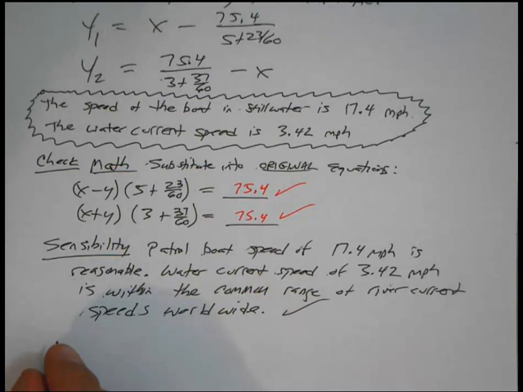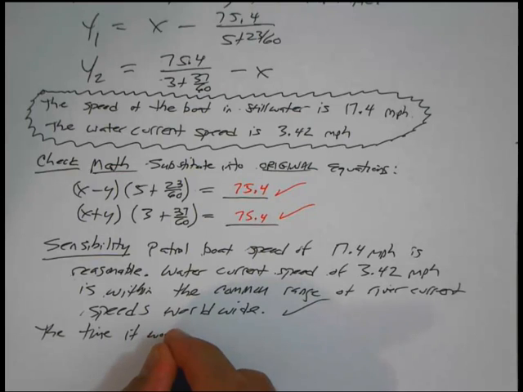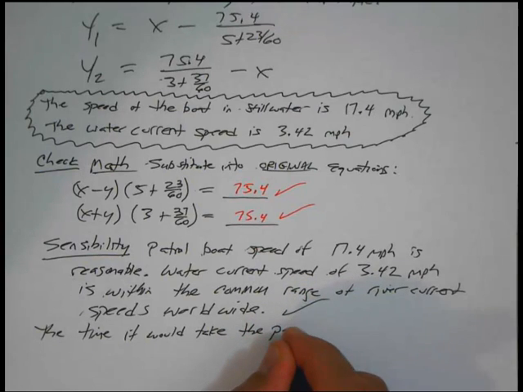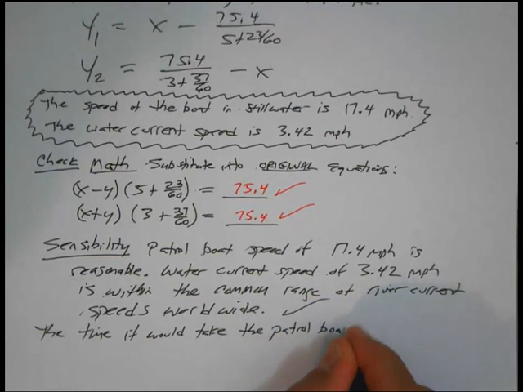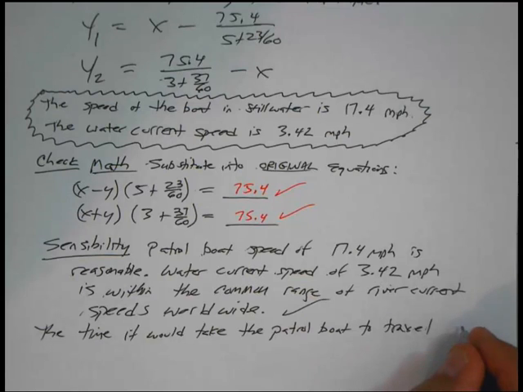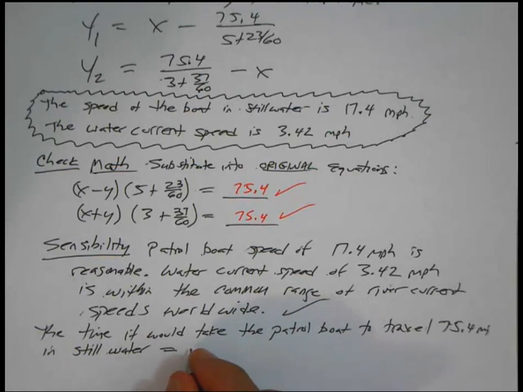So here, the time it would take the patrol boat to travel 75.4 miles in still water would equal, let's see, distance equals speed times time, so time equals distance divided by speed.